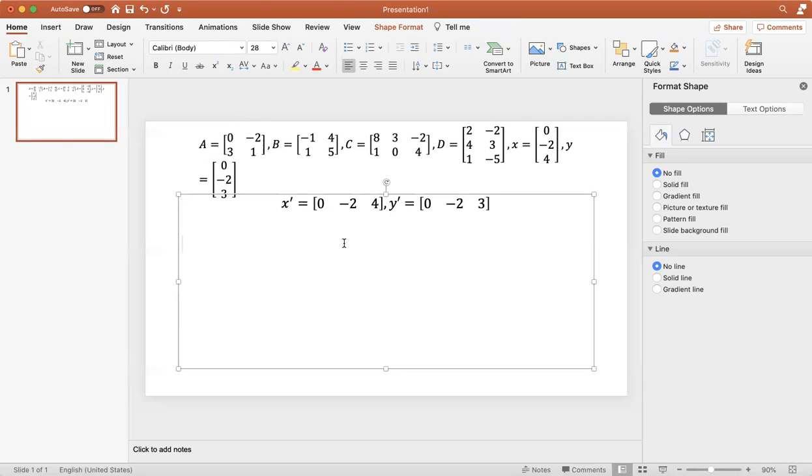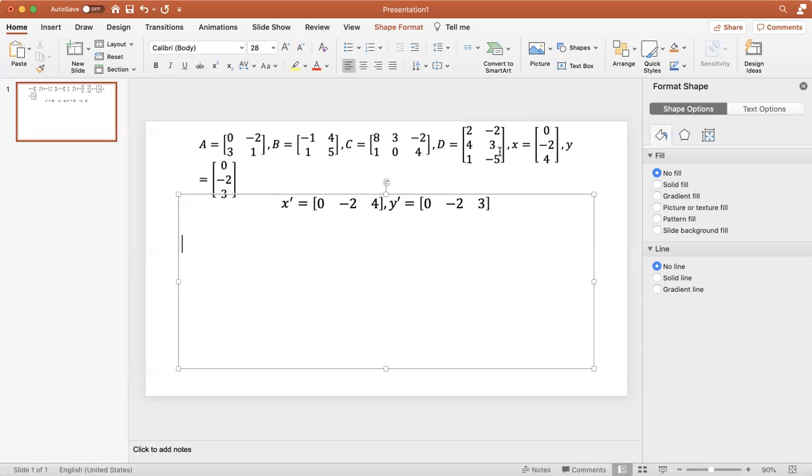So for instance, if you have a vector x, 0, negative 2, and 4, and you have vector y whose elements are 0, negative 2, and 3, you cannot just get the product of x, y because their dimensions do not correspond to each other.